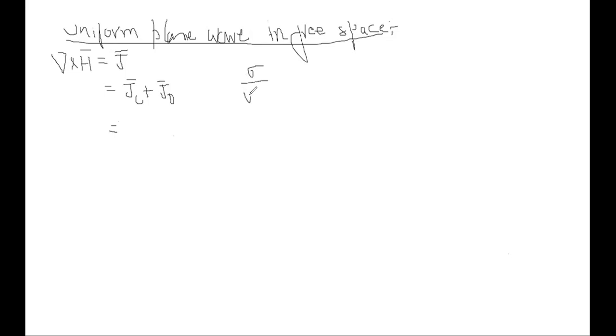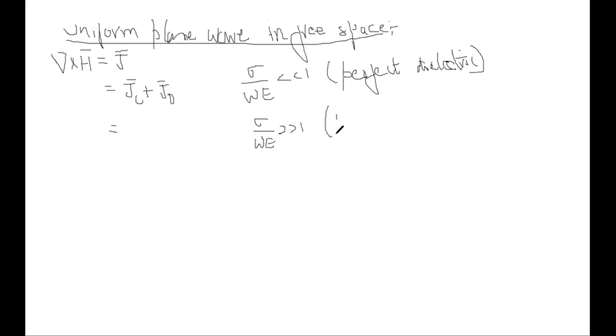Sigma by omega epsilon is very much less than 1 for a perfect dielectric, meaning sigma is very much less than the epsilon value. And if sigma by omega epsilon is very much greater than 1, it is a perfect conductor.